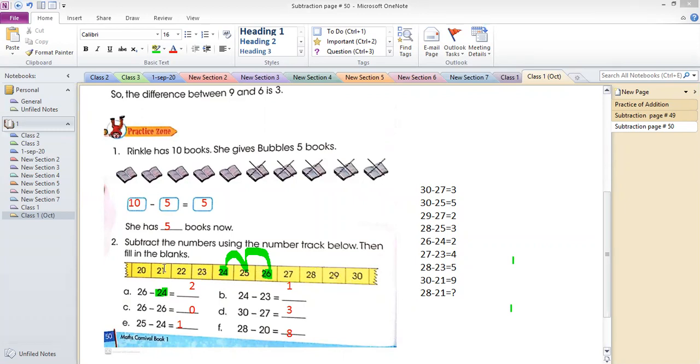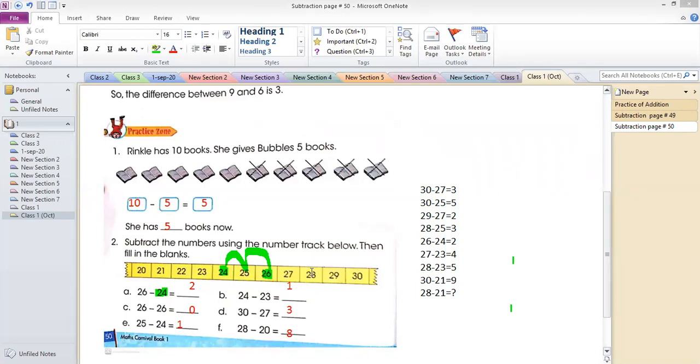This is 28 and this is 21. Go back from 28. One, two, three, 4, 5, 6, 7. Very good.